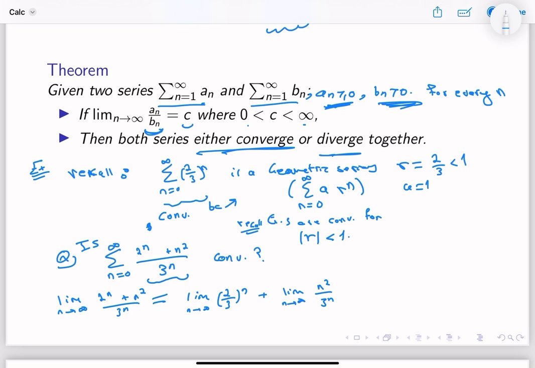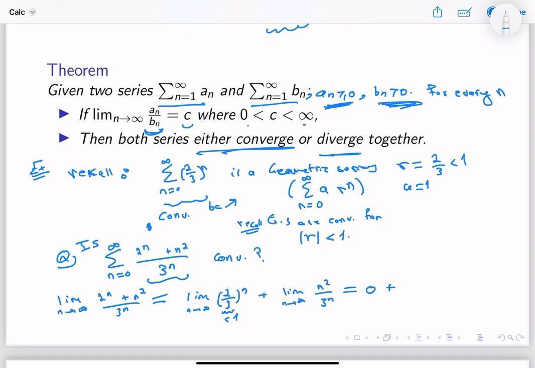The first limit is something we computed before. This is the limit of r to the n, where r is strictly less than 1, and we said that this is 0.